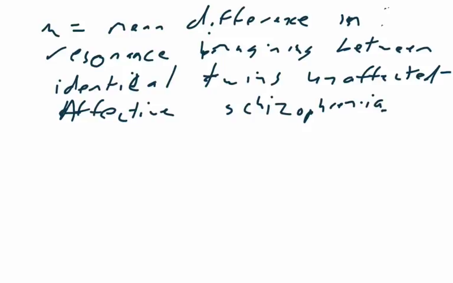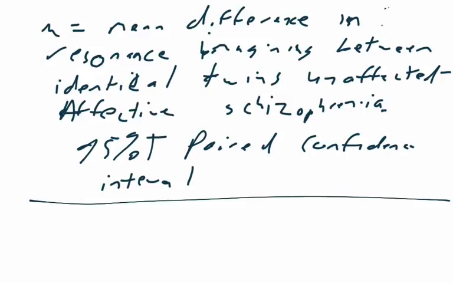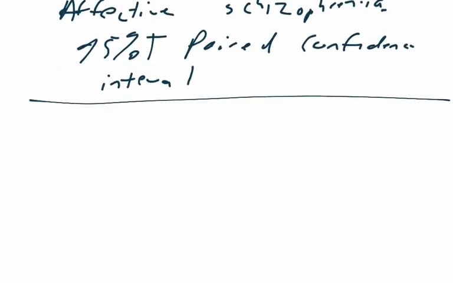So, this time we are going to do a 95% confidence interval, T paired confidence interval. Okay.